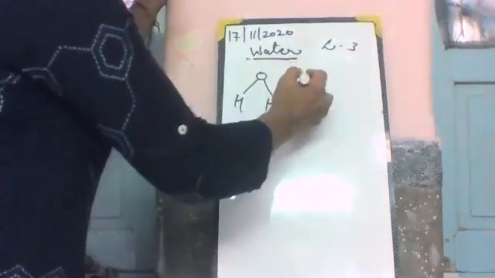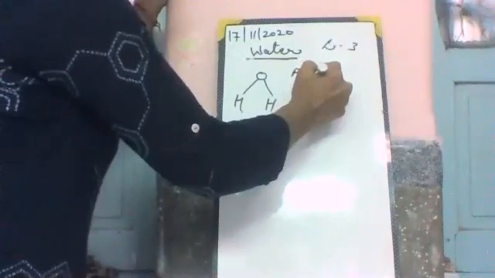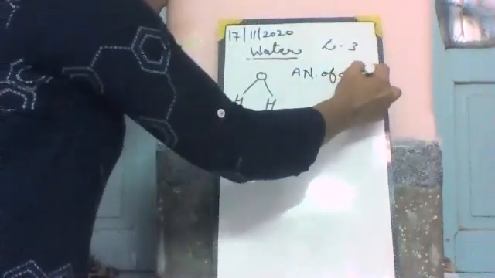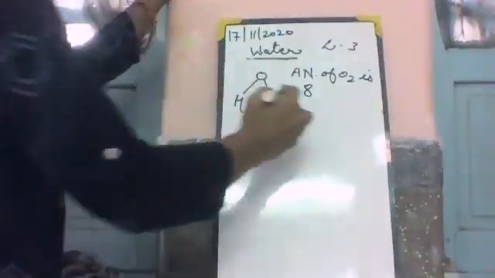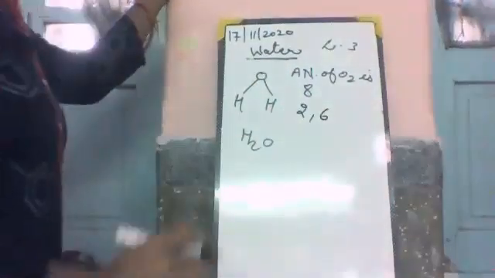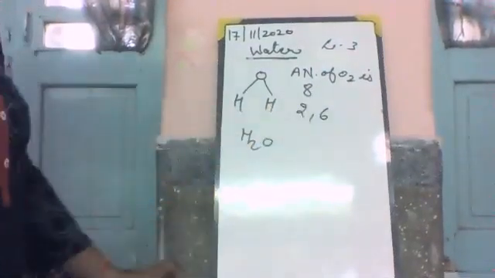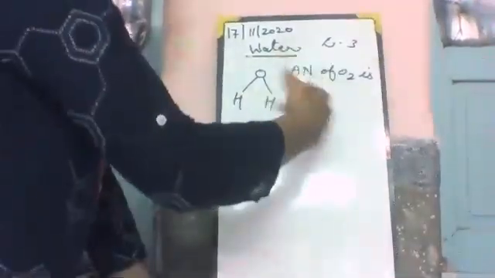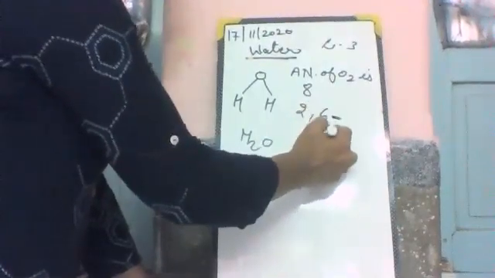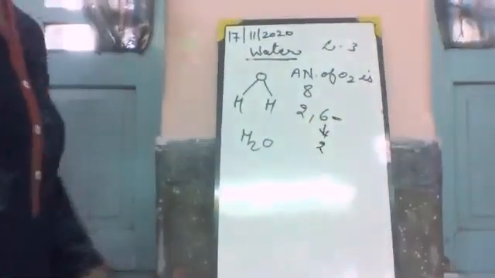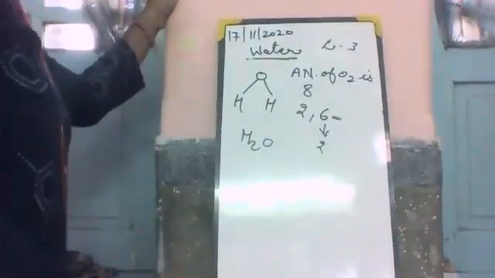The atomic number of oxygen is 8. The electronic configuration is 2 and 6. The outermost shell has 6 electrons, so it requires 2 electrons to complete its octet. 6 plus 2 equal to 8.